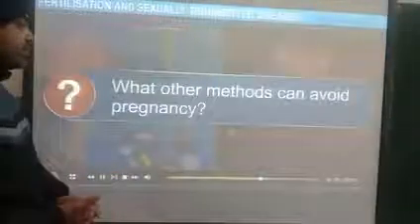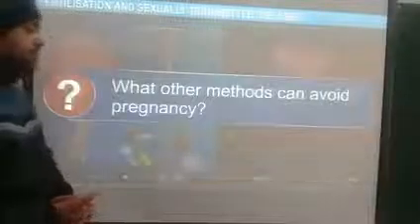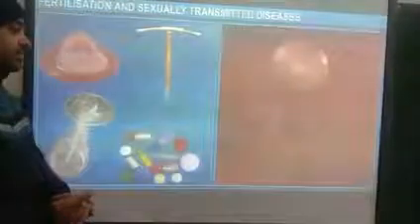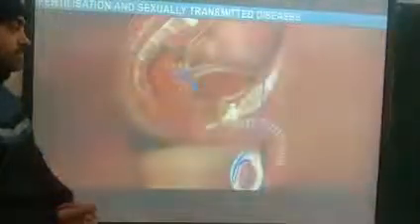What other methods can avoid pregnancy? Apart from contraceptives, surgical methods can also be used to create blocks in man and woman and to prevent the transfer of sperm and egg cells. See, this is the vas deferens that we discussed.